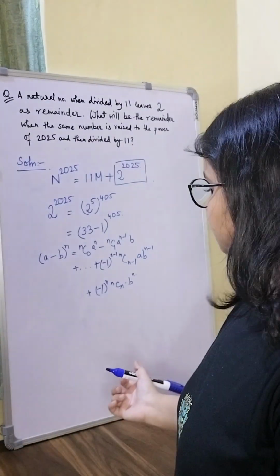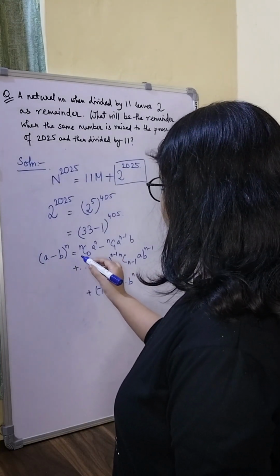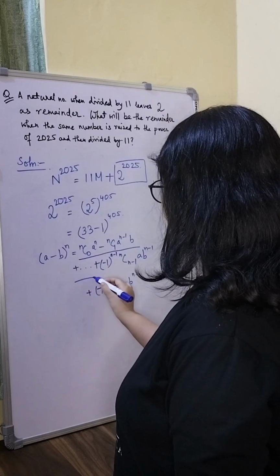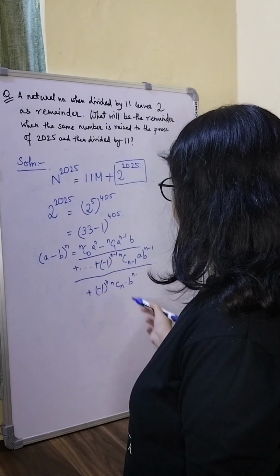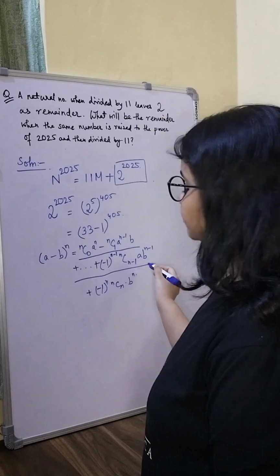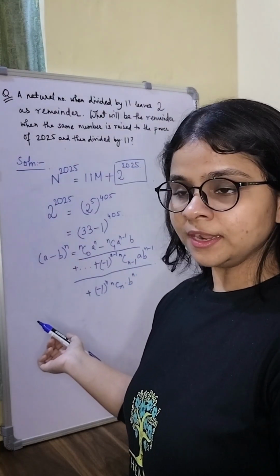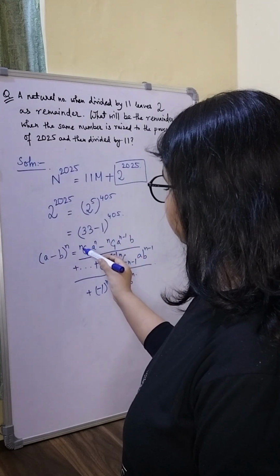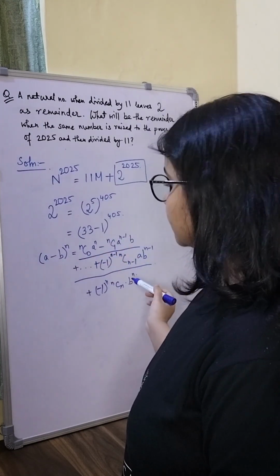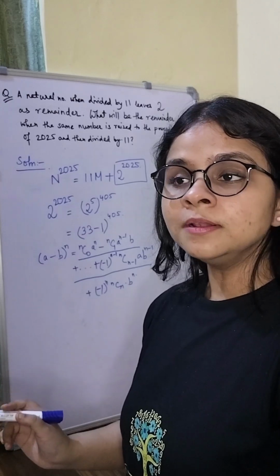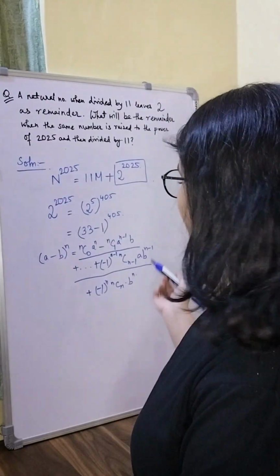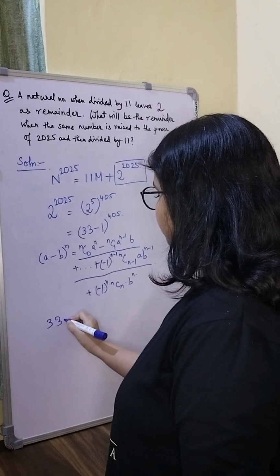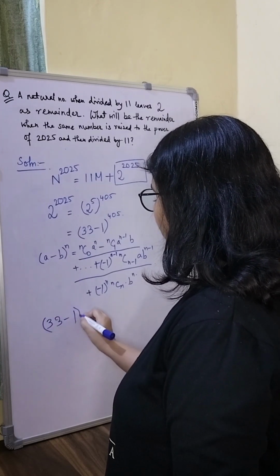So, here also, from the first term to the second last term, you have powers of a in each term. Okay? So every term from the first to the second last is a multiple of a.